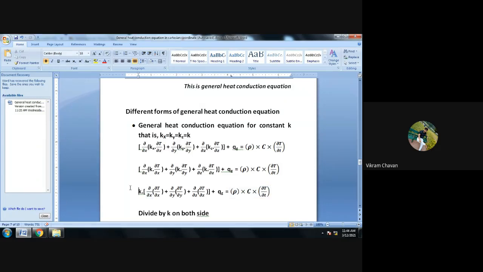Now what we are going to do is divide by k throughout the equation.